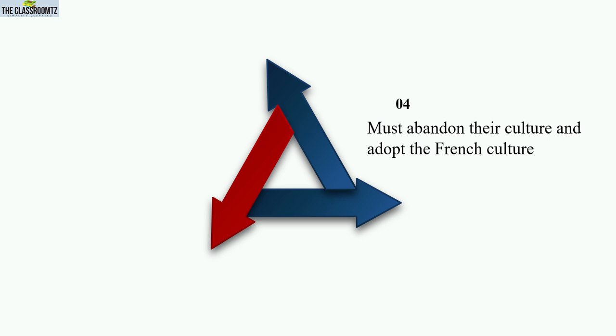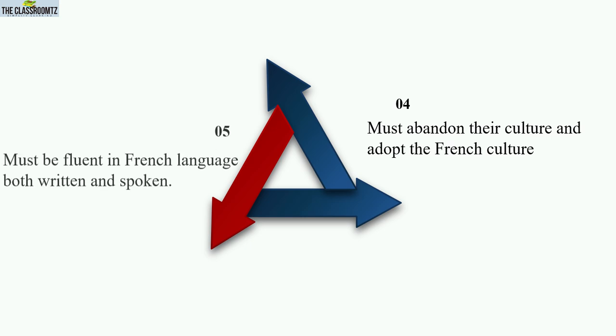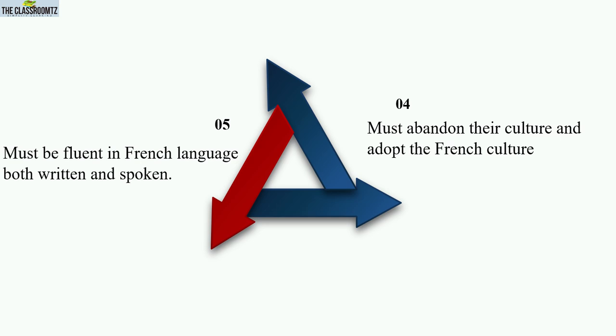So you should declare that from today you are no longer in African culture, you are starting to follow French culture, language, dressing, food, education, and all those should be stopped in favor of adopting French culture. Must be fluent in the French language, both written and spoken. Make sure you are able to use the French language, speaking and writing.